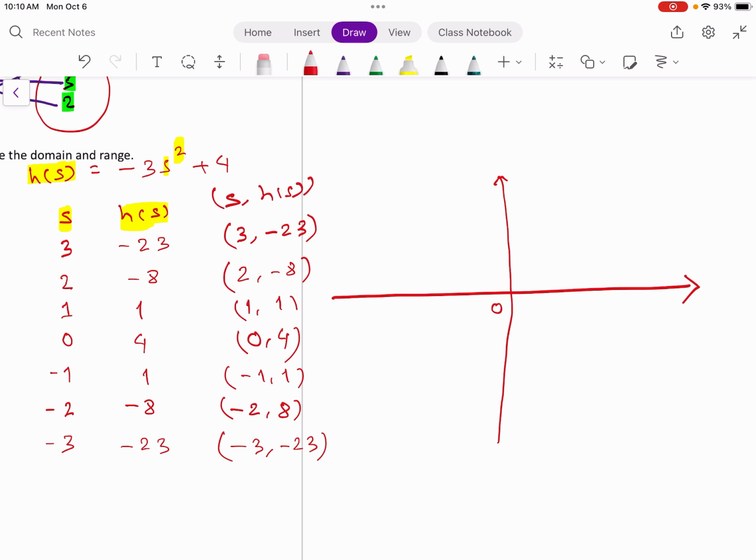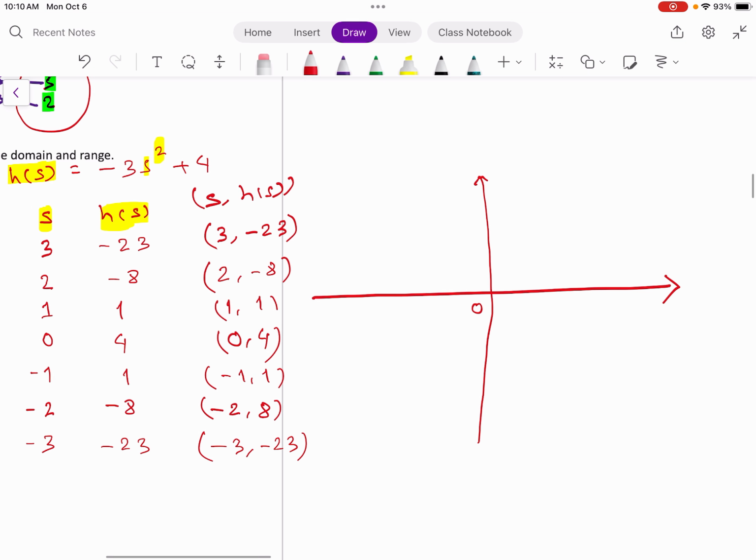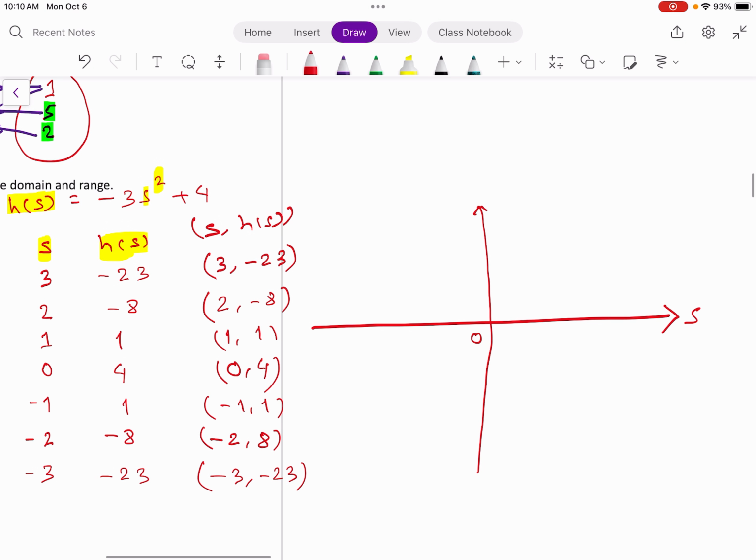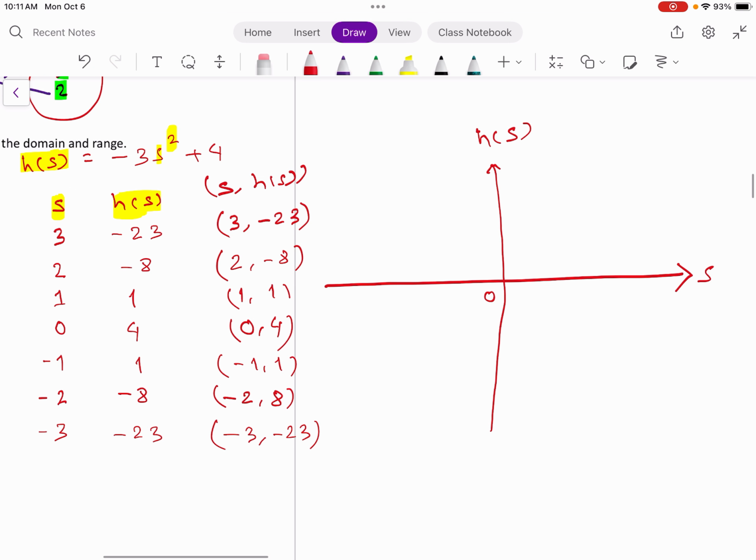So what represents input here? Yes, so s is the horizontal axis. And what about the output? Output is h of s, that is the vertical axis, okay?